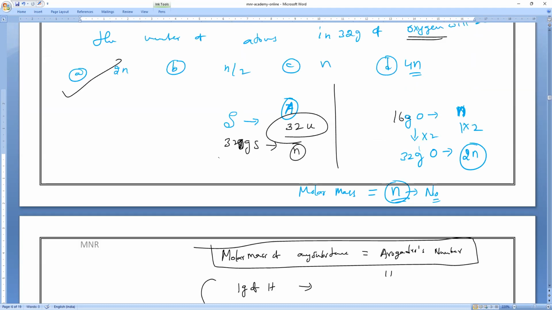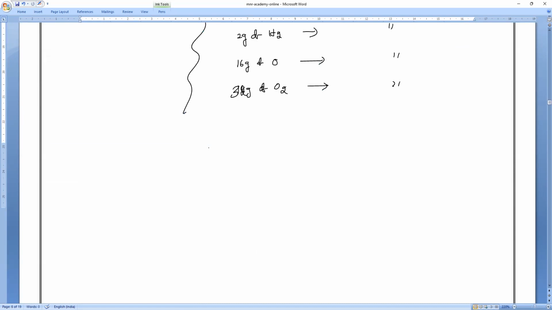Now molar mass of sulfur is 32, which is equal to n particles. Actually molar mass of oxygen is only 16, so 32 grams means double the particles will be there. That's why it is 2n. Any doubt? Anybody can ask. Right, next.